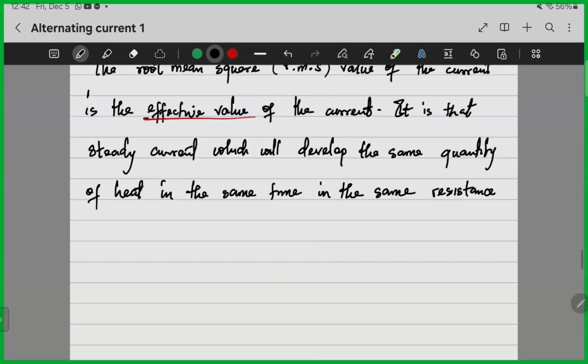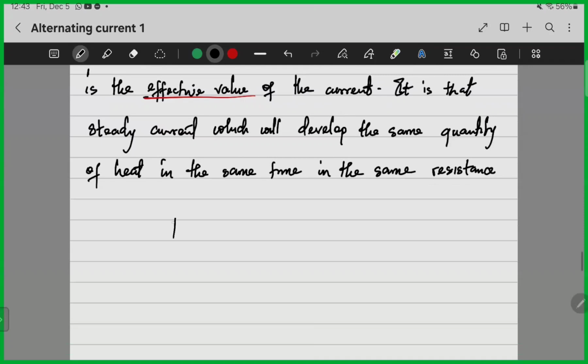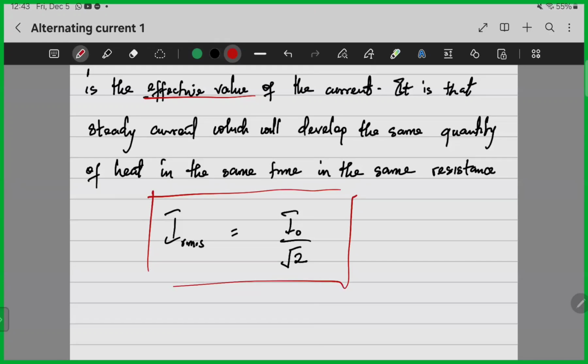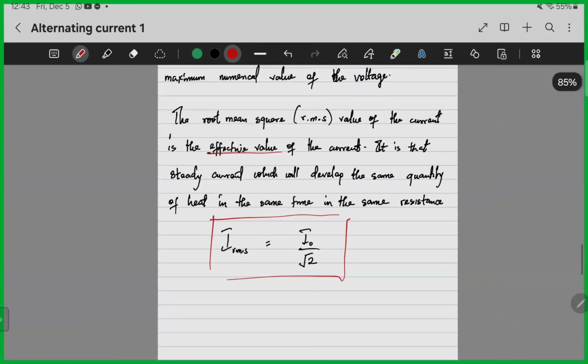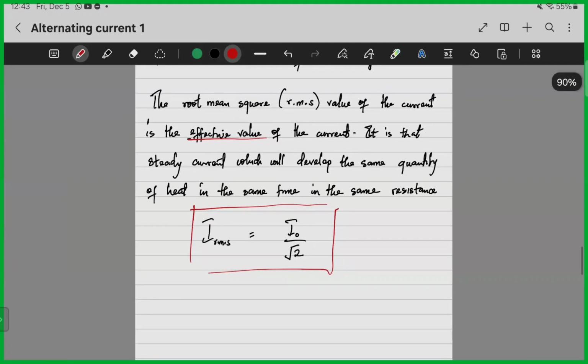See that definition? It's the steady current which will develop the same quantity of heat in the same time in the same resistance. And it is normally given by I RMS, write it up, equals peak value over root 2. Put this in your mind. And whatever applies to current applies to voltage as well.